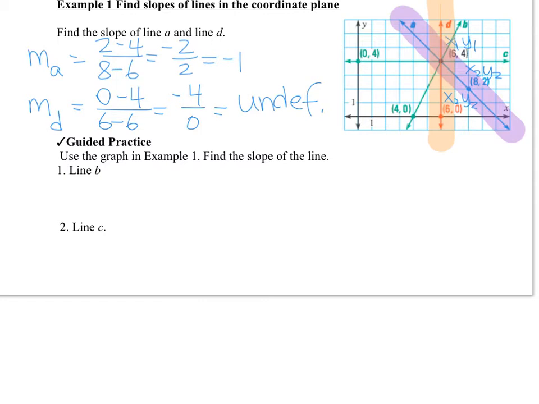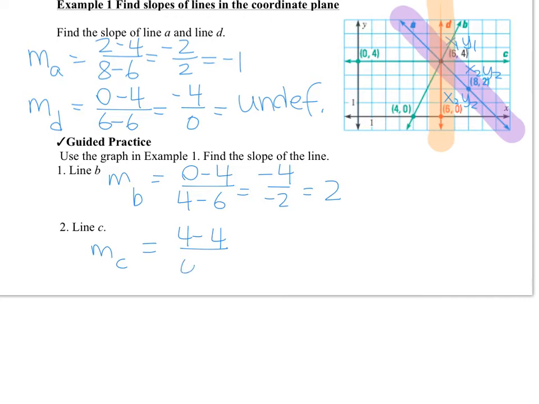You do not have to have the exact x1, y1, and x2, y2 that I use, as long as you subtract in the same order, both the y's and the x's, your answers will end up being the same. Hopefully you got those answers.